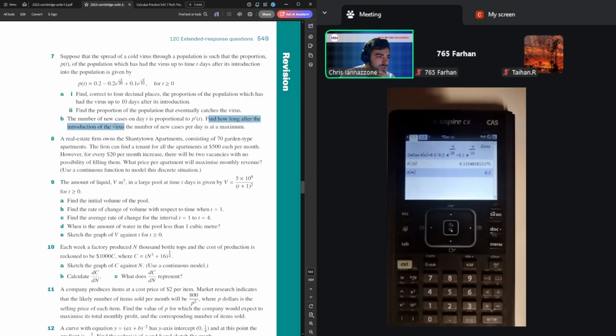Find how long after the introduction. Okay, I'm not entirely sure why that first part is relevant anyway. I guess it's maybe just reminding us. Number of new cases per day is at a maximum.